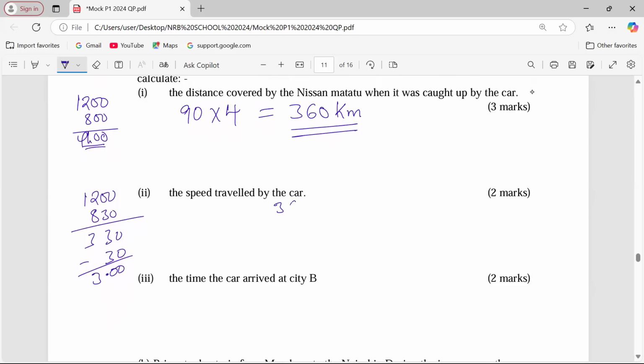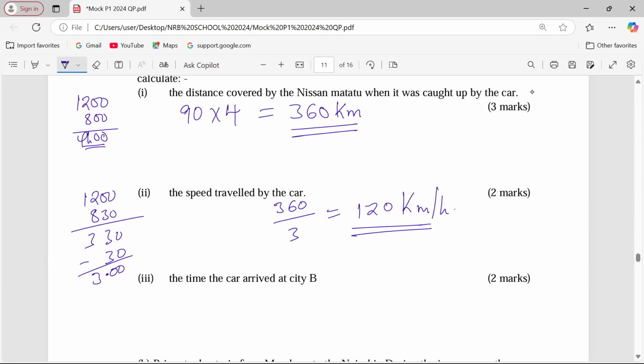Therefore, the distance of 360 has been moved within 3 hours by the car. And this gives us 120 kilometers per hour. This one is now the speed of the car.